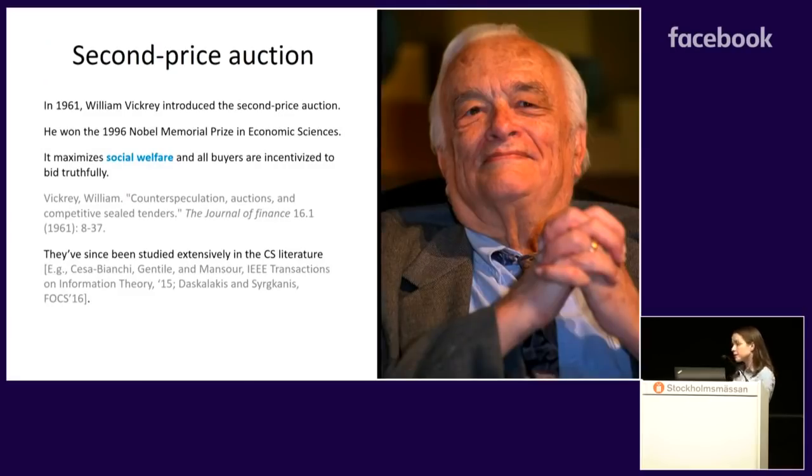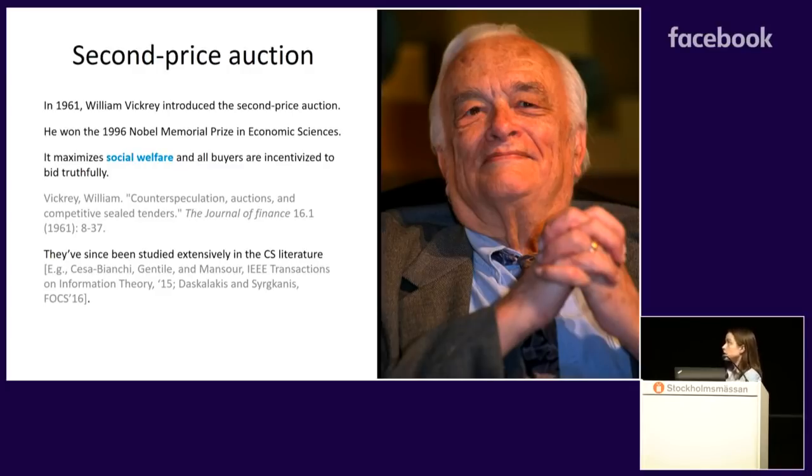And just as a bit of history, the second price auction was introduced to the economics community by William Vickrey, and it's sometimes referred to as the Vickrey auction. And Vickrey won the Nobel Prize in economics. One of the reasons we really care about second price auctions is because it maximizes social welfare, which is the value of the bidders for the items that they receive.